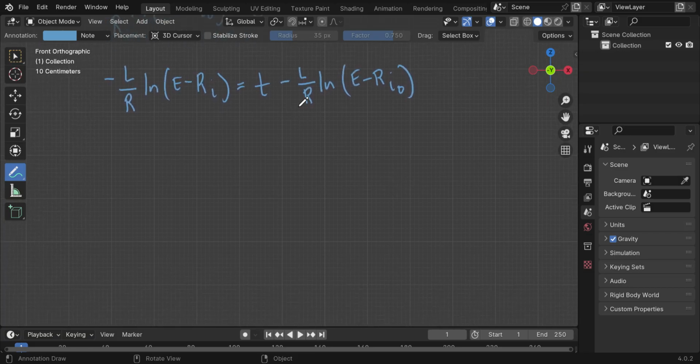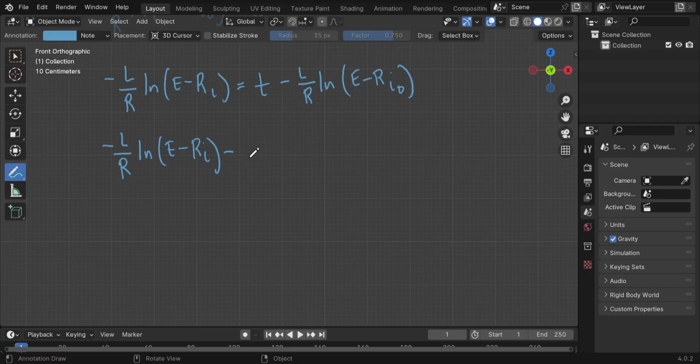First, I want to bring this guy to the left side. It's very similar. It looks like we can factor some stuff out. So let's bring it to the other side: negative L over R ln E minus R I, and then we're subtracting a negative on both sides, which means we're adding, but I'm going to keep it as a negative.